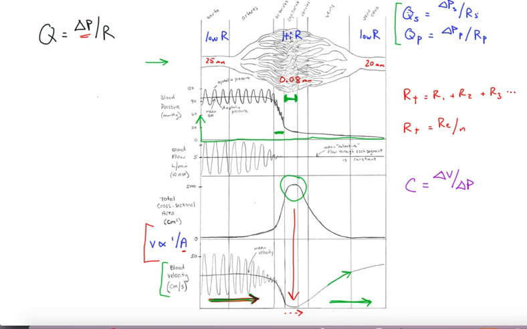So let's come back to Poiseuille's law for a moment, right? One of the things I wanted to point out is that this particular stacked trace here is for the systemic circuit, right? These blood pressures over here are systemic blood pressures, 120 over 80, systolic over diastolic.